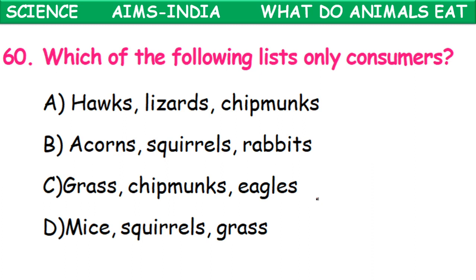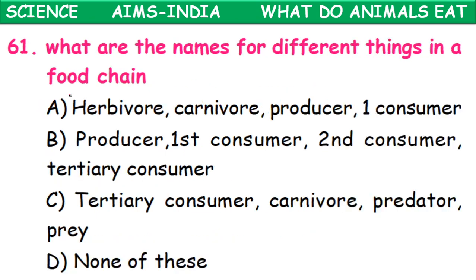In this, grass is there, a producer is there. In this, acorns. So this is correct: hawk, lizards and chipmunks.